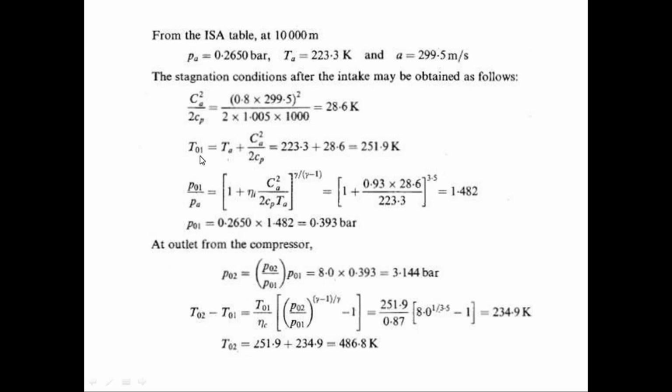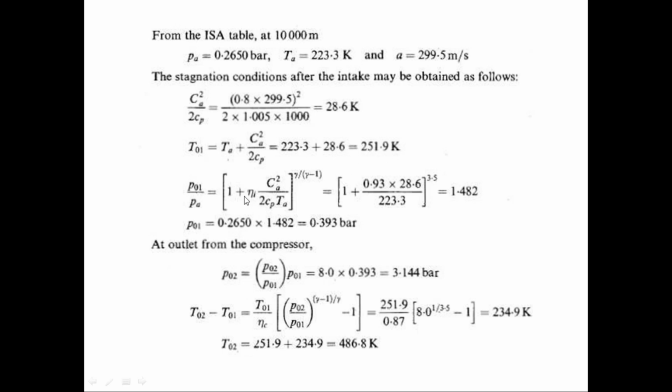T01 is equal to TA plus CA square by 2 CP, because the stagnation states T01 and TA are the same. TA is 223.3 and CA square by 2 CP is 28.6, so T01 becomes 252 Kelvin.